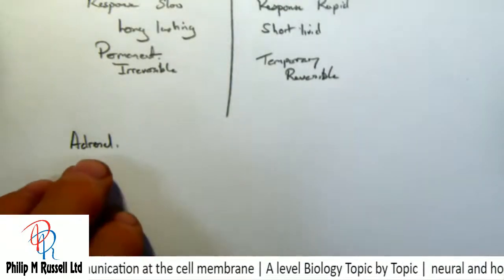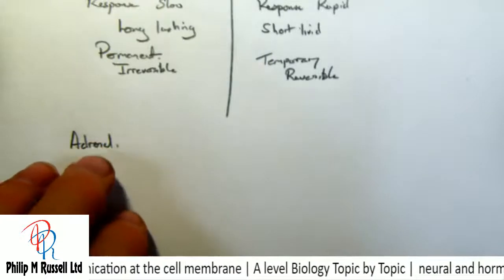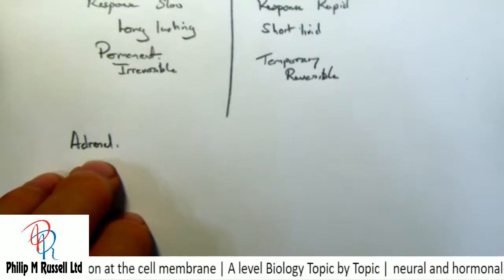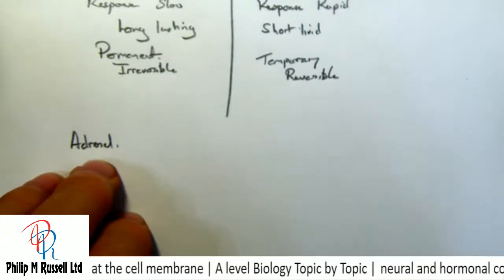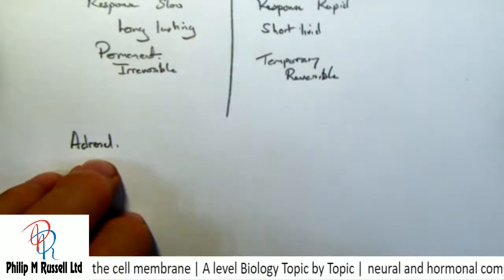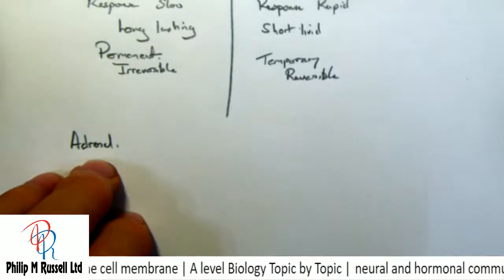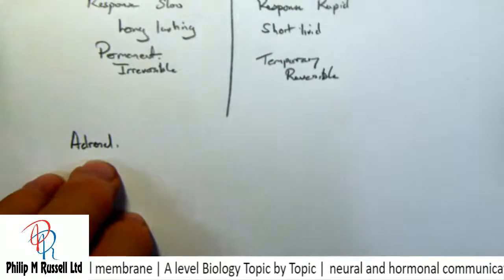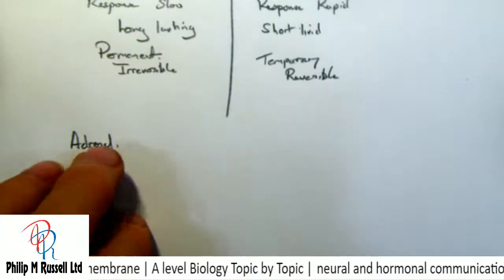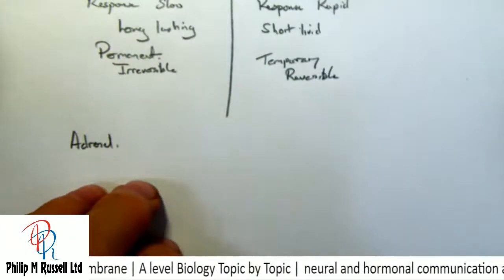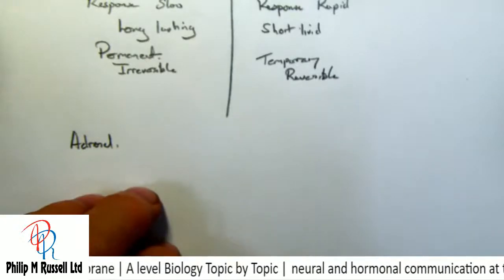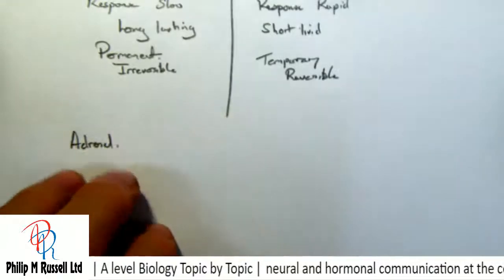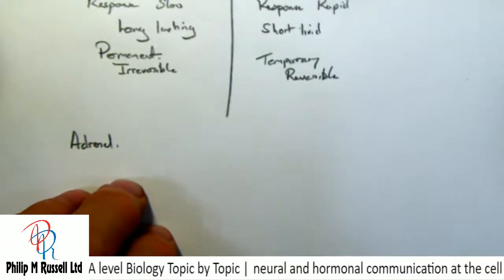From the adrenal cortex, we've got androgens. Small amounts of male and female sex hormones are released, and their impact is relatively small compared with large amounts of hormones such as estrogen or testosterone. They're important to women, especially after menopause.